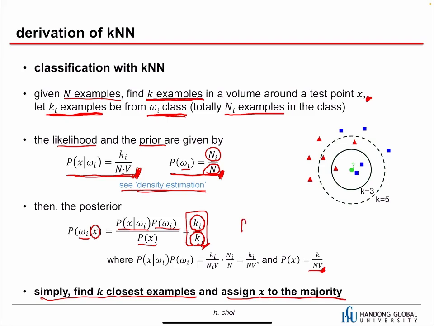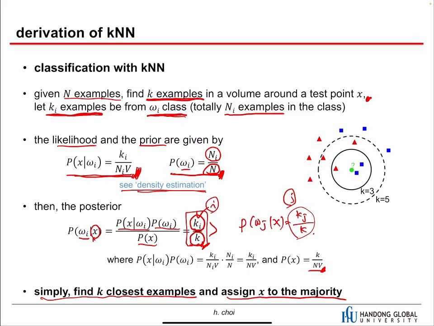Let's say the posterior of omega j given x is k j over k. If we have class i and class j, then we can compare this posterior and this posterior. If this one is greater than this one, then x belongs to class i. Otherwise, it belongs to class j.